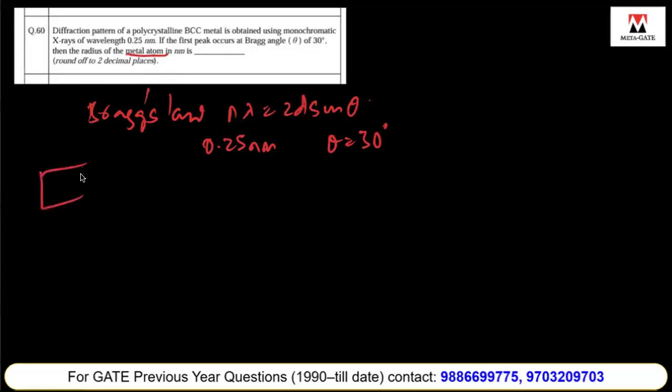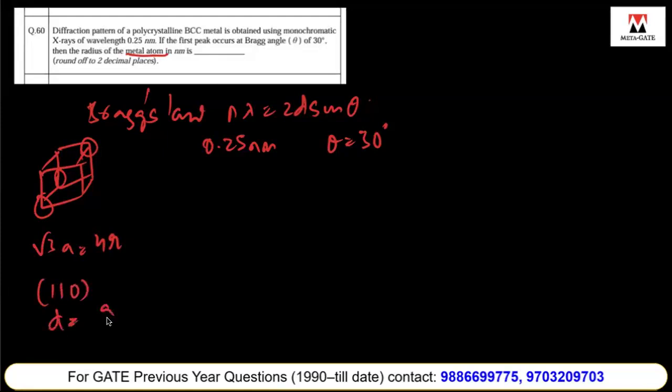So in BCC, an atom is present at the body center, and along the body diagonal, root 3 a is equal to 4r. The first peak in BCC occurs at 110.